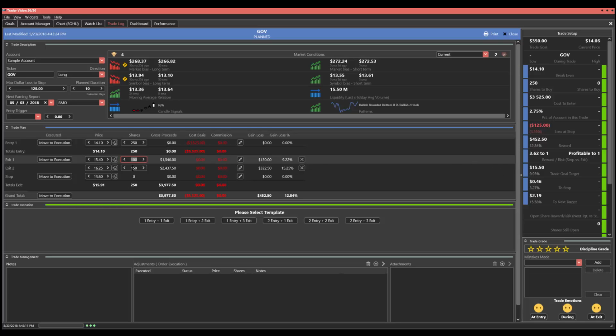We can adjust this, play with it. Let's just reverse it. Let's sell 150 at the first target. It reduces our overall gain a little bit, but it books us our 195 bucks quicker.